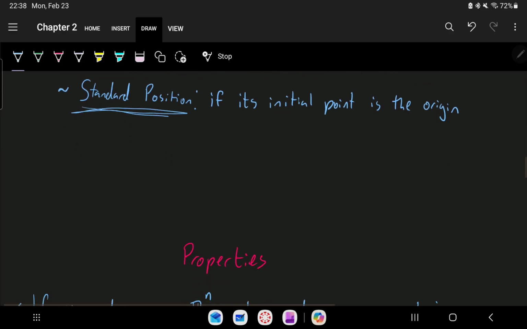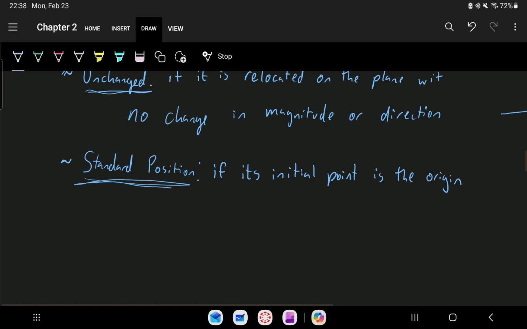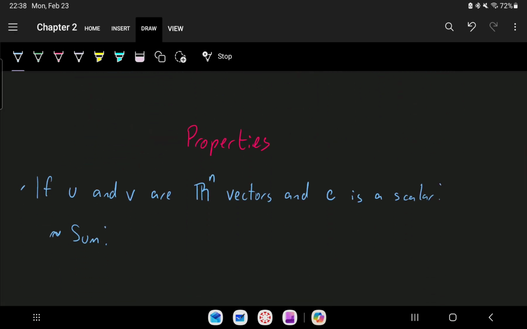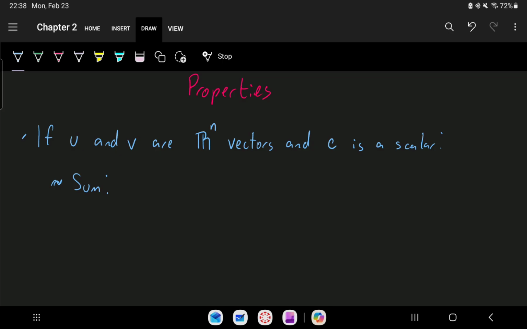All right, so now that we have an idea of Euclidean space as it relates to vectors, let's look at some general properties of vectors. And this is really going to ring a bell if you remember looking at properties of matrices. Very, very similar. So let's look at vectors in detail. If we have u and v, and these are both vectors in n space, and similarly we have a scalar, we're going to call it c, then the sum of u and v is just going to be the sum of components, right?